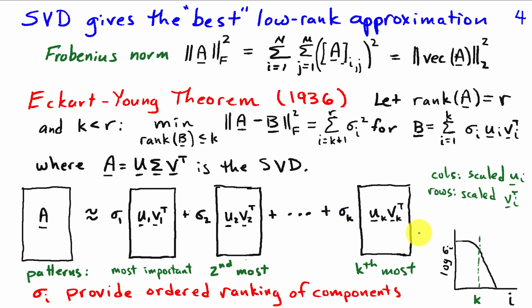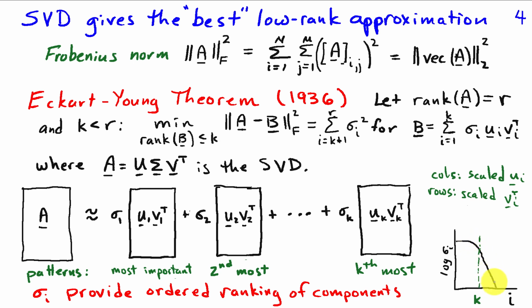Now, it's common to plot the singular values as a function of their index. Because they typically have a large dynamic range, people often plot the log of the singular values because that will compress the dynamic range. In a lot of data matrices, you'll see that the log of the singular values are fairly constant, then at some point there's a big drop off.